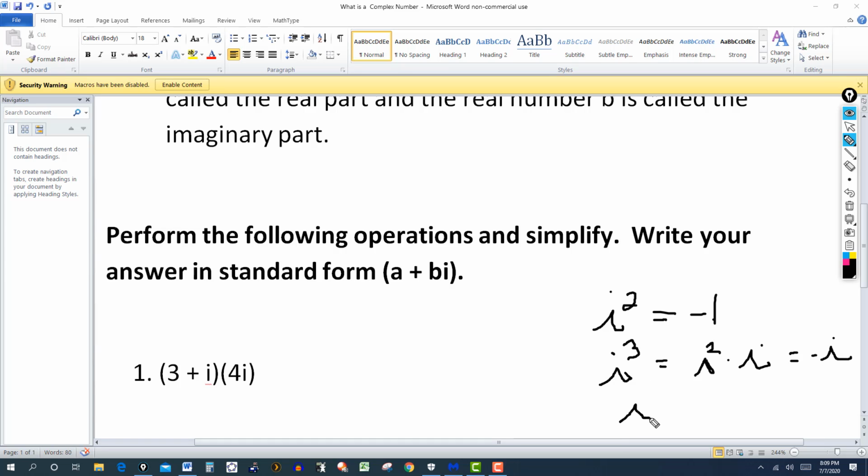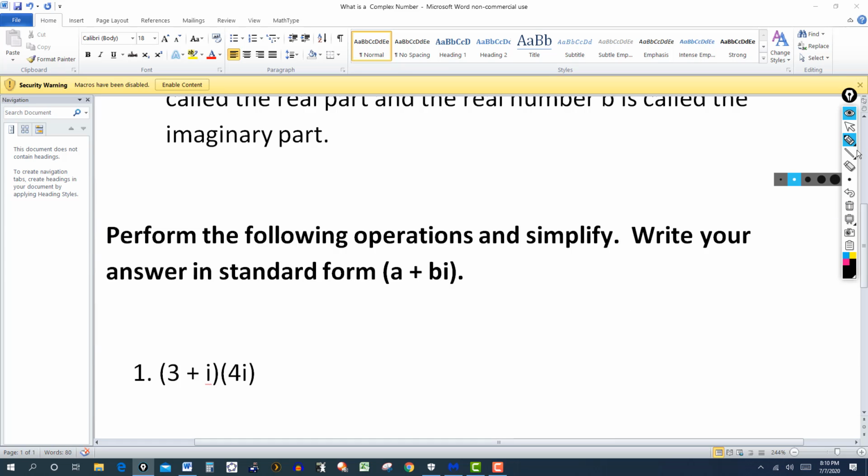If I have, say, i to the 4th, I know that's the same thing as i squared times i squared. Okay, that'd be -1 times -1, so this would just be +1. Other than that, it's just basic multiplication of binomials, or a monomial and a polynomial or binomial and so forth.